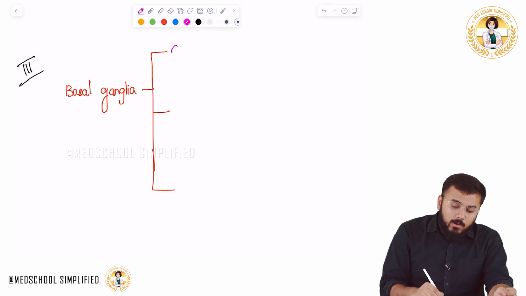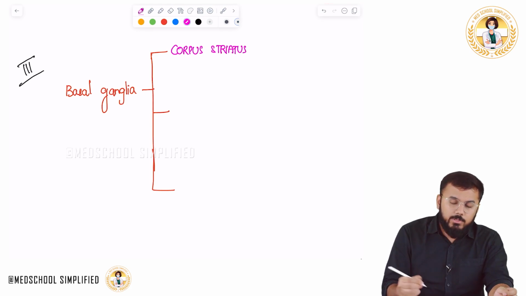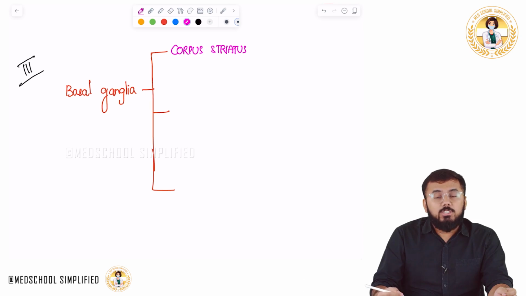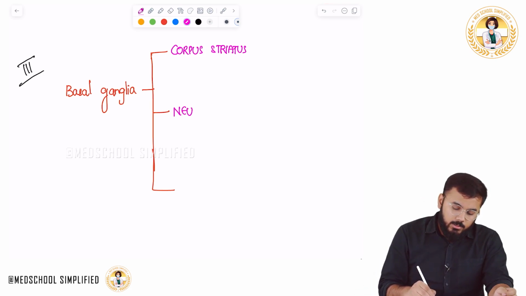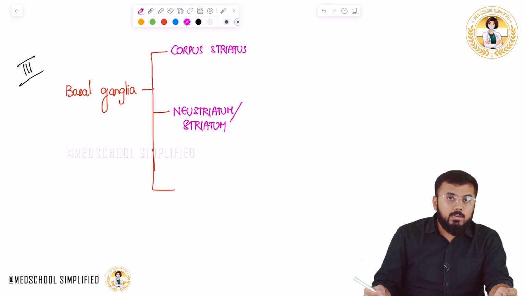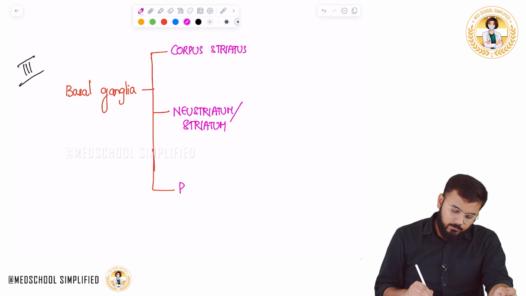One is called corpus striatum. Another one is called neostriatum, or simply called striatum. And the third one is called paleostriatum.